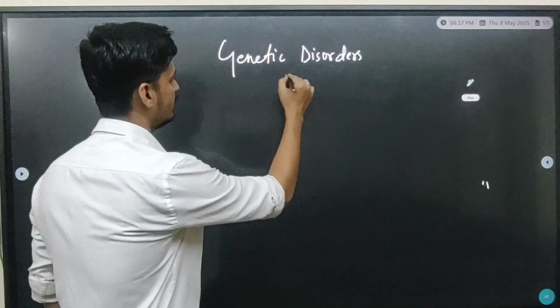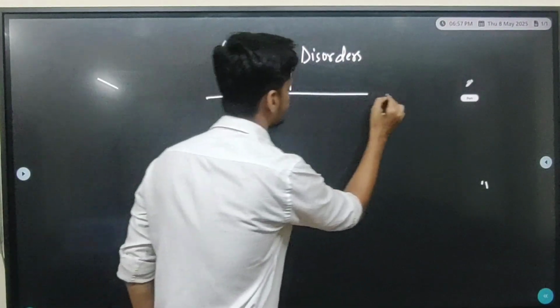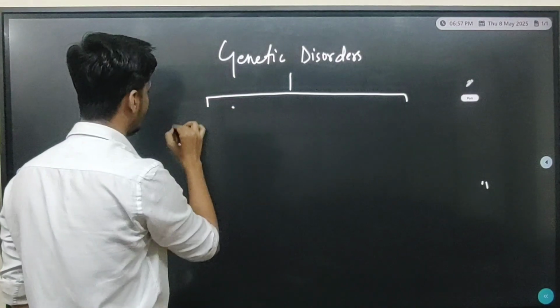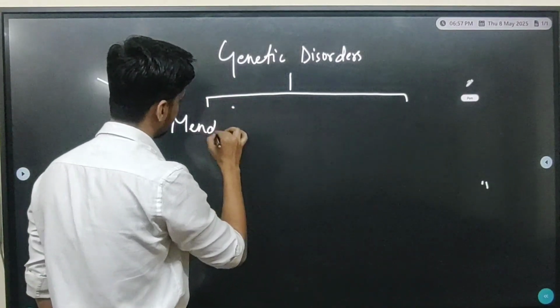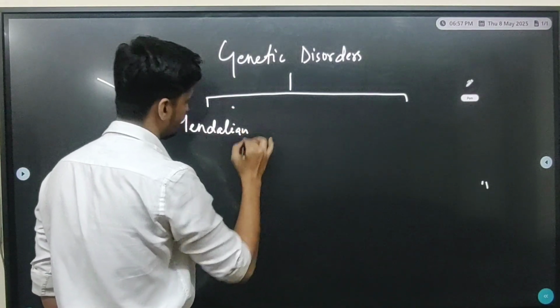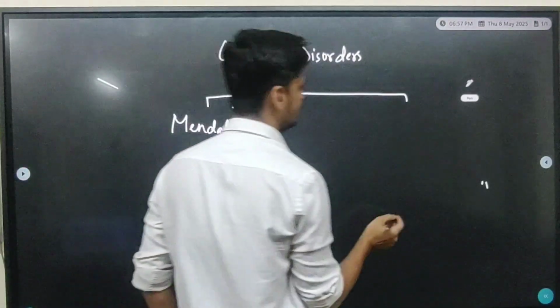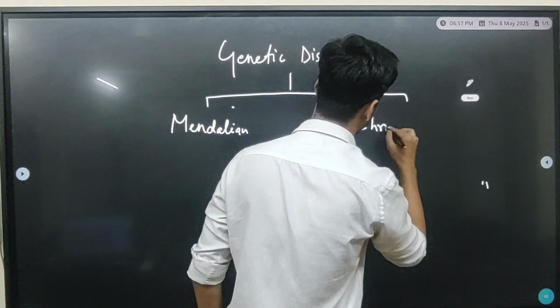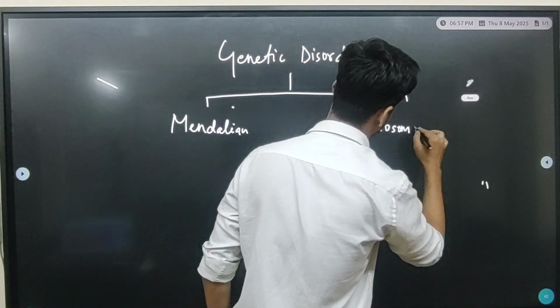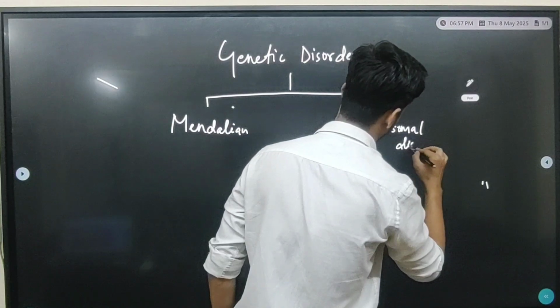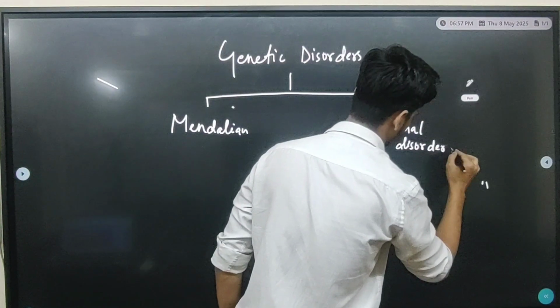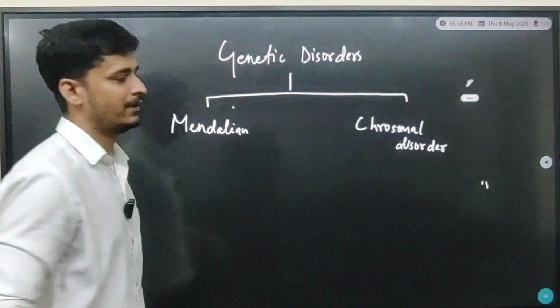This genetic disorder is divided into two types. The first is Mendelian disorder and the second is chromosomal disorder. What is a Mendelian disorder?